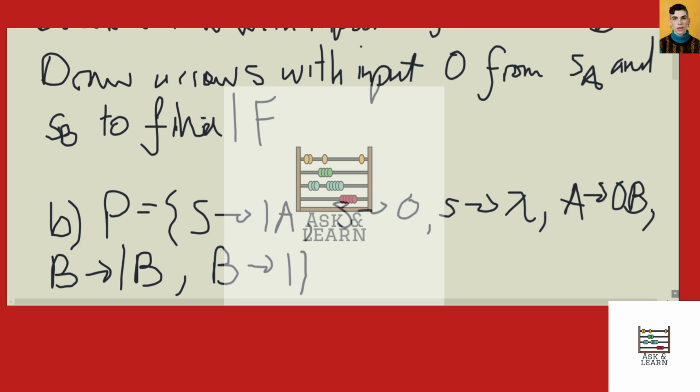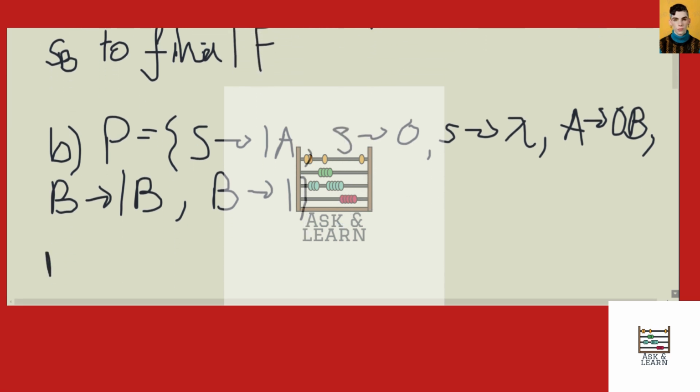Now first draw start state S0 corresponding to S. Since one of the production rules is that S can be replaced by lambda, which is the empty string, it follows that S0 needs to be a final state.